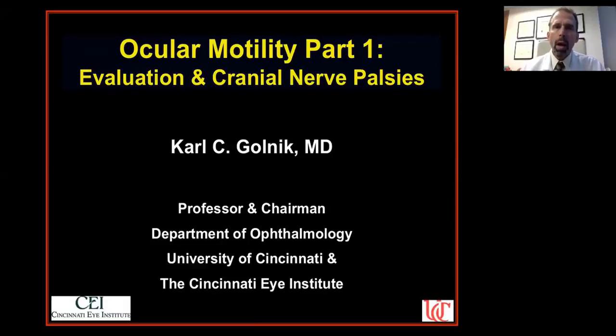But today, we're going to talk about ocular motility part 1. I'm hoping that this will be part 1 of just 2 parts. And we're going to talk about the evaluation and about cranial nerve palsies, in particular ocular motor cranial nerve palsies.